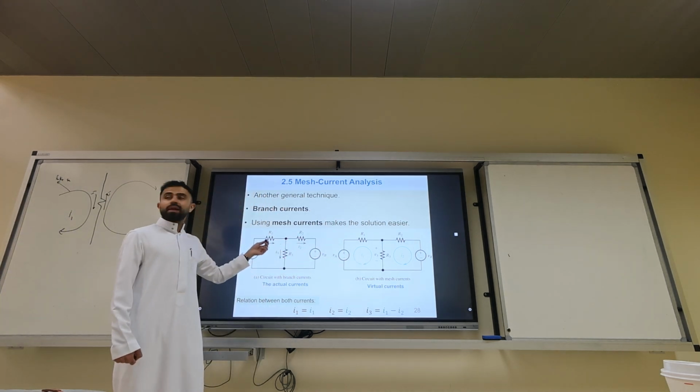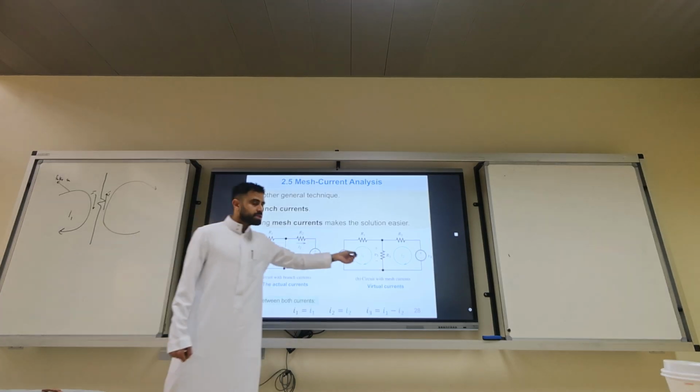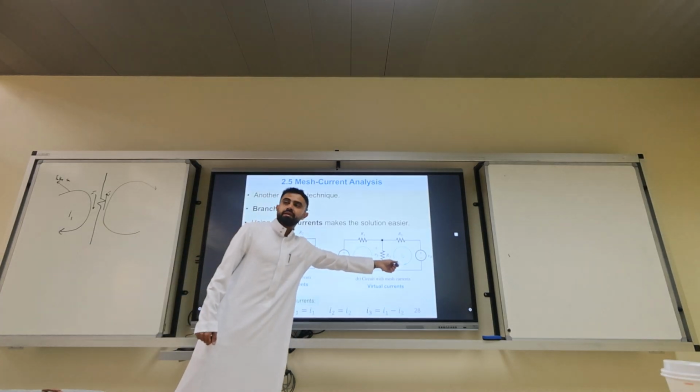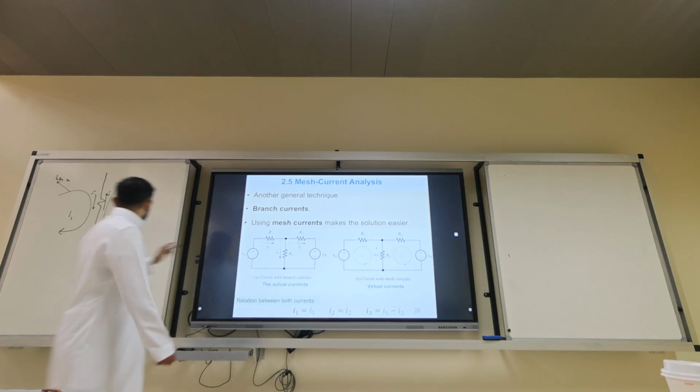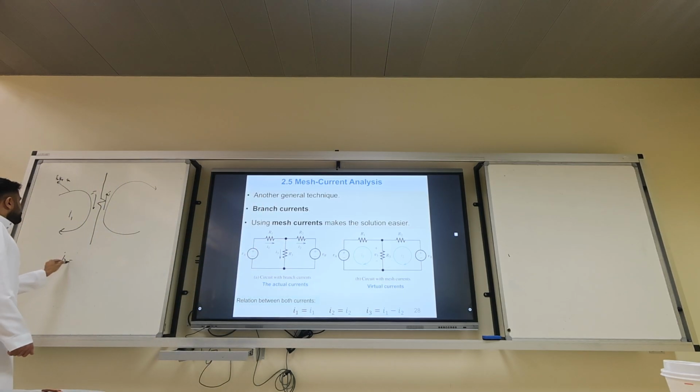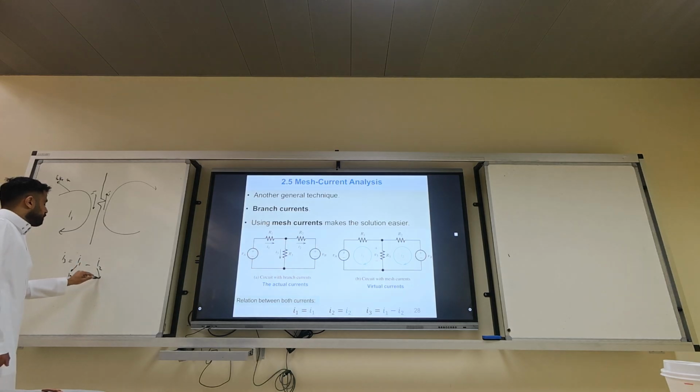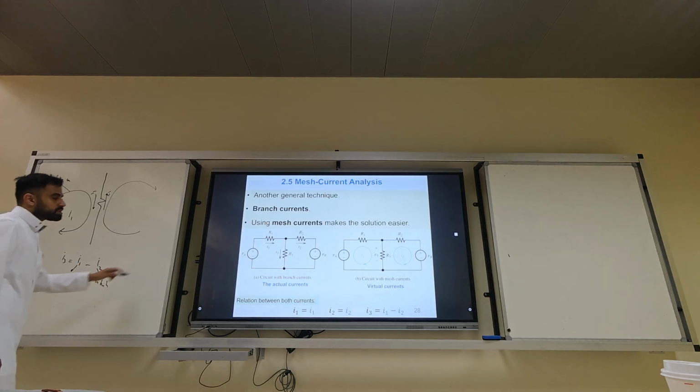This I1 is in black. This I1 is in blue. This I2 is in blue. So I3 equals I1 in blue minus I2 in blue. Do you see it?